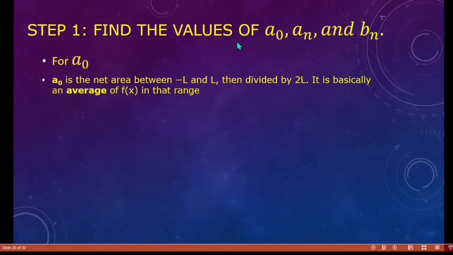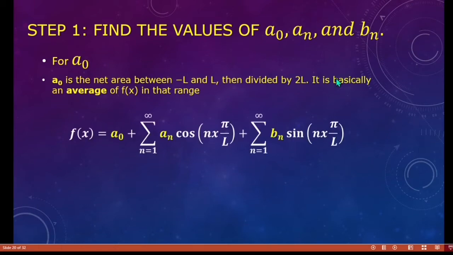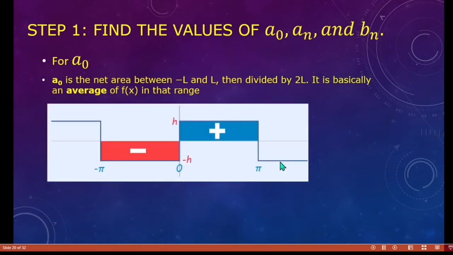Now, let's find the values first of a sub 0, a sub n, and b sub n, or find the values of the coefficients. So again, ito yung mga coefficients that we need to solve first para ma-substitute natin later sa series. Okay? So, a sub 0 is the net area between negative L and L, then divided by 2L.